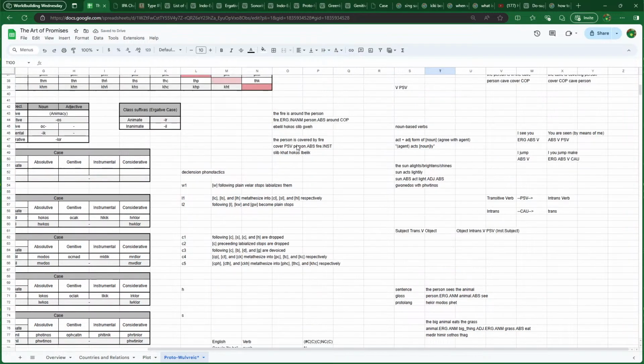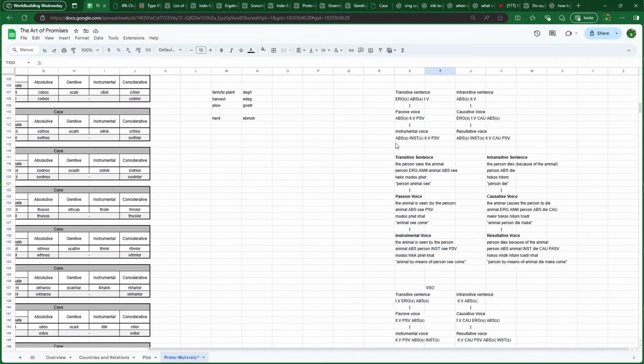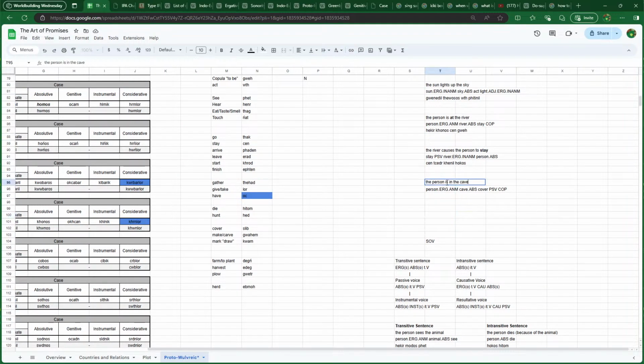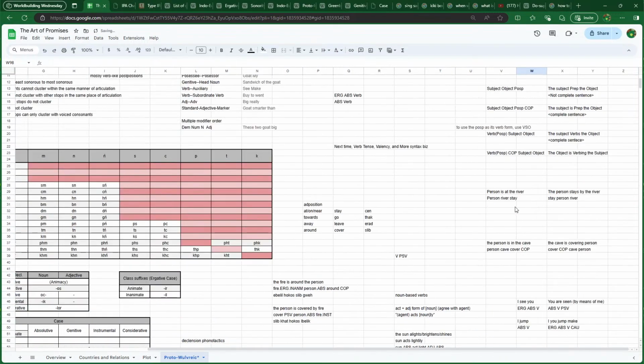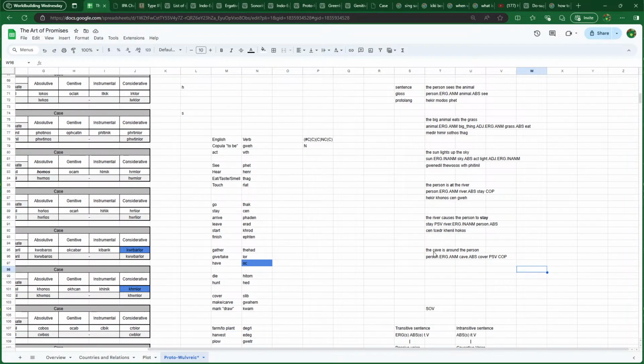The person is in the cave. Or rather, I need to say the cave is around the person. The cave is around the person. So it's not passive, it's just the copular form.